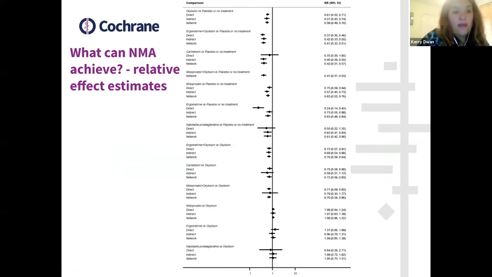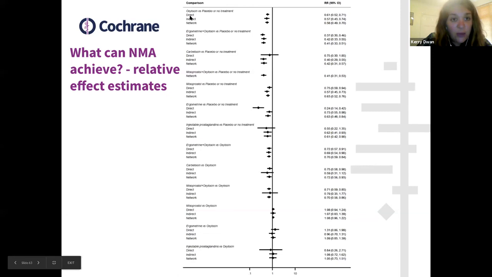So what can network meta-analysis achieve? Here it shows a forest plot of the relative effect estimates. You can see it's quite a lot more detailed than you perhaps see in a standard pairwise meta-analysis. You have the different comparisons.